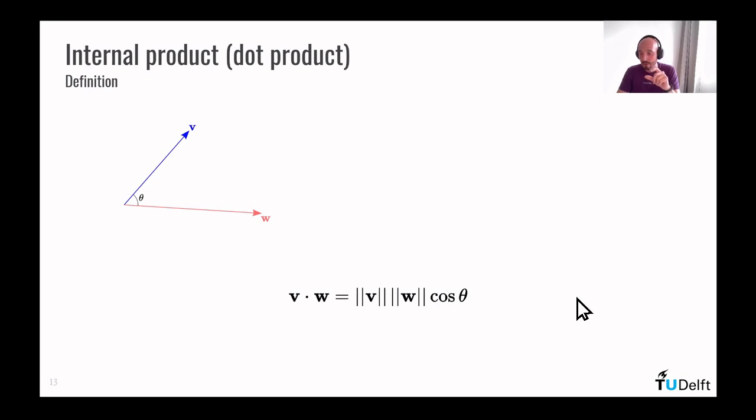One possible interpretation of this is that this represents the product between the length of vector v and the projection of w into the direction defined by v, and the projection of w into the direction of v is given by the modulus of w times cosine theta, or the other way around.